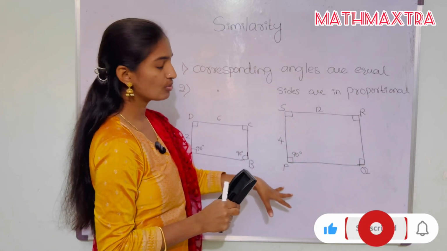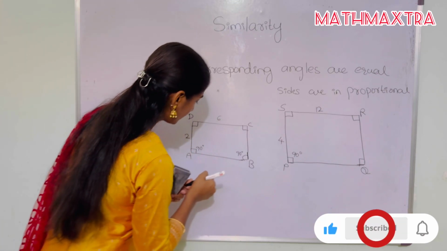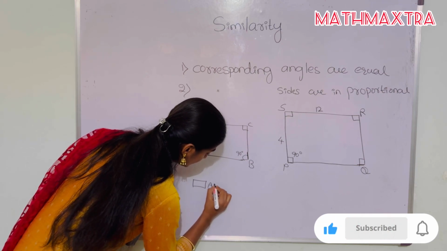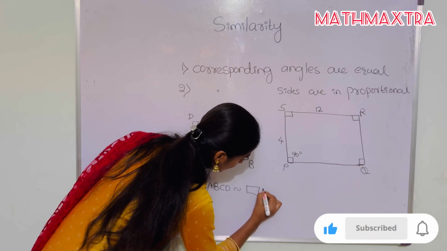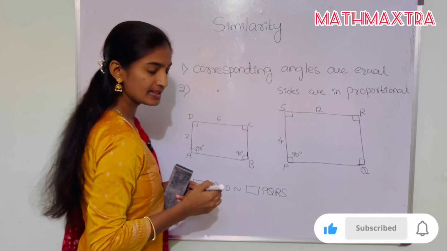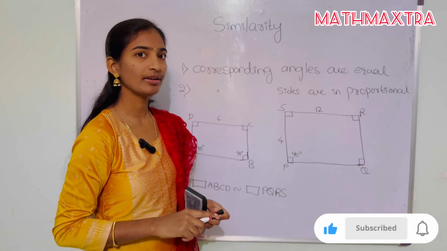Now these two are similar to each other. Yes. Rectangle ABCD is similar to rectangle PQRS. Yes. That is the proportionality. Okay. Thank you.